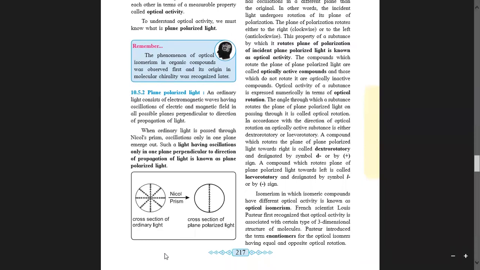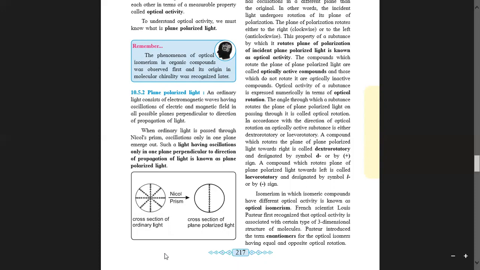Then dextrorotatory substance: a compound which rotates the plane of plane polarized light towards the right side, that is clockwise direction, is called dextrorotatory, and it is denoted by the symbol small d or with a plus sign.